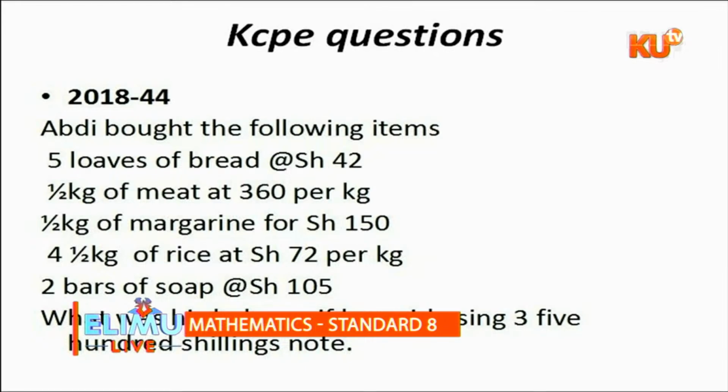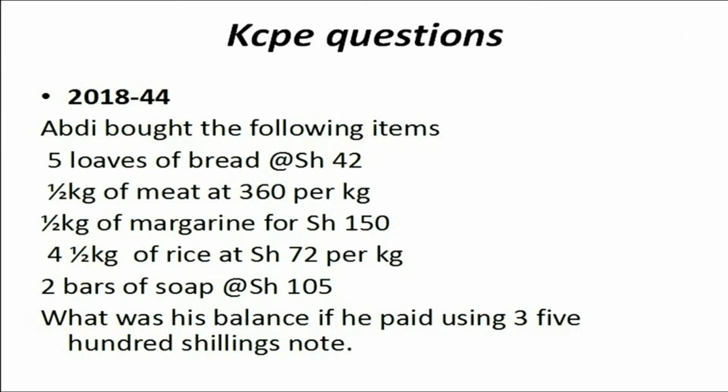What was his balance if he paid using 3 500 shillings notes? We go to the question, we calculate, and see what you were supposed to do, or what was required of those people who did that KCPE 2018.